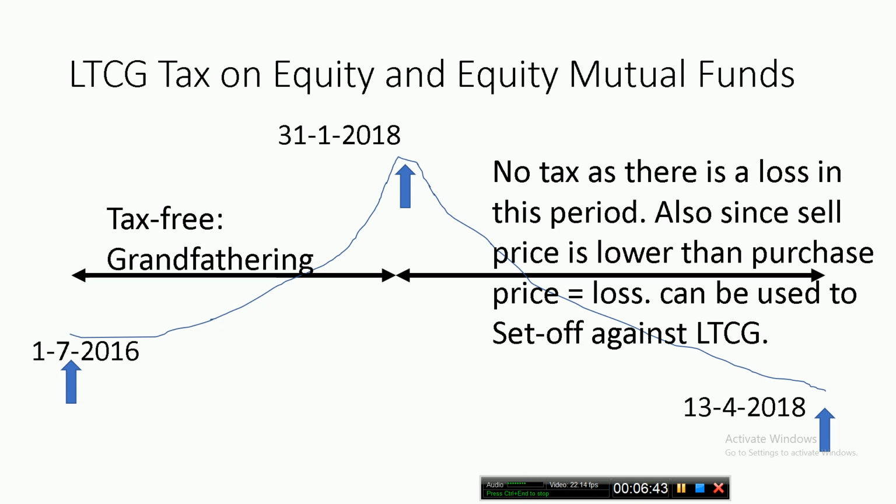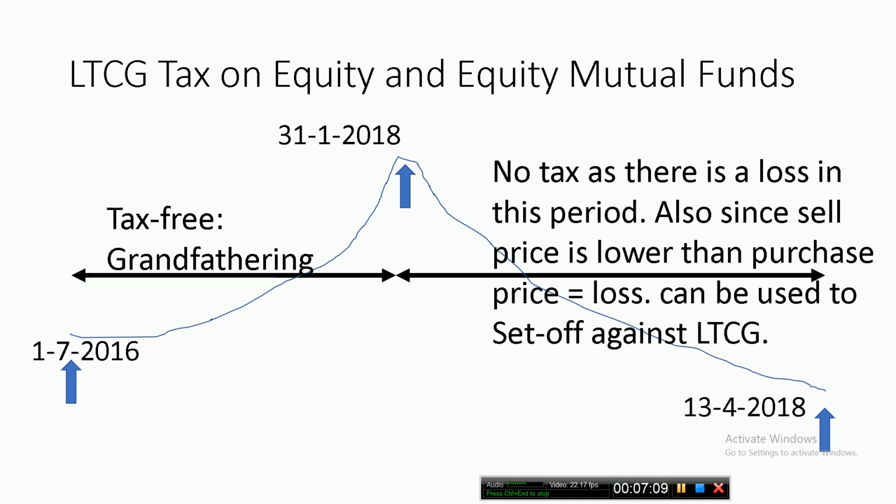Please recognize these 3 situations will have to be considered for every mutual fund unit you have purchased or every stock you have purchased. So if you have a SIP, a systematic investment plan running, you will be buying a few units every month. So you will have to undergo this calculation for every unit you have purchased.